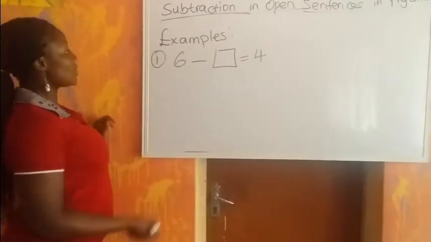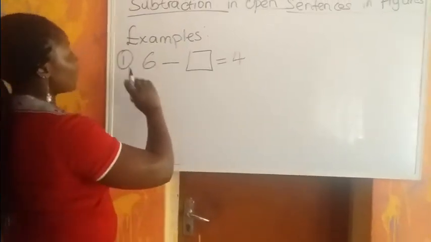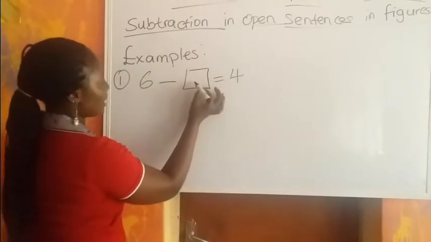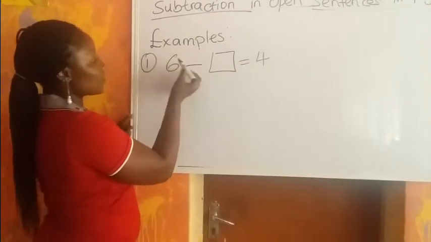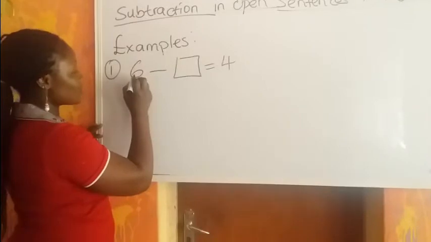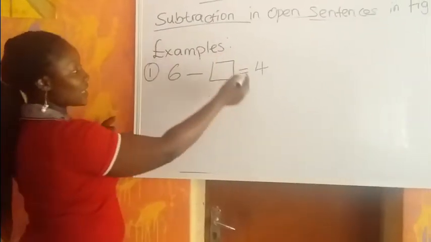First, you count your strokes, your 6 strokes. But before doing that, you have to know that the number that will be here must be less than 6, because when you take away a number from 6, it won't give you that 6, because the final answer is less.